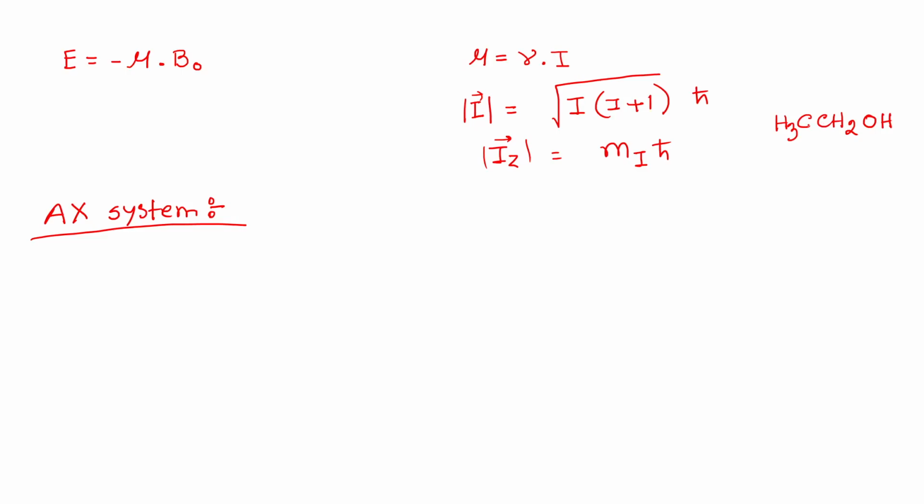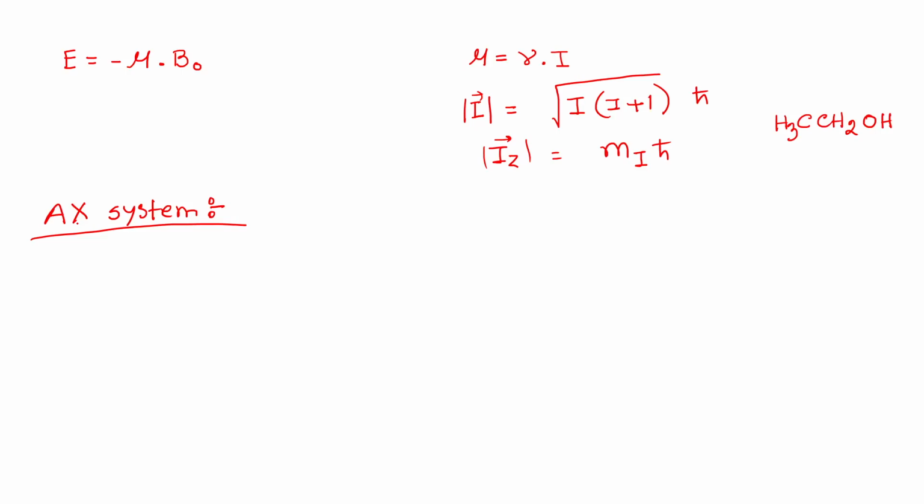Its chemical shift is different and that difference is significant, which is why it is called an AX kind of a system. Ultimately this results in a change in their effective magnetic moment.